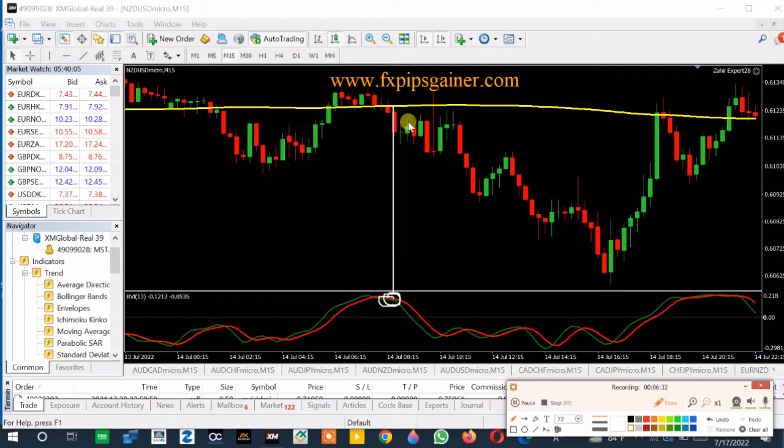It is a good sell. From here we can make a sell. It is a good sell entry point, a sell opportunity, because the market is overbought by RVI and the trend is down.